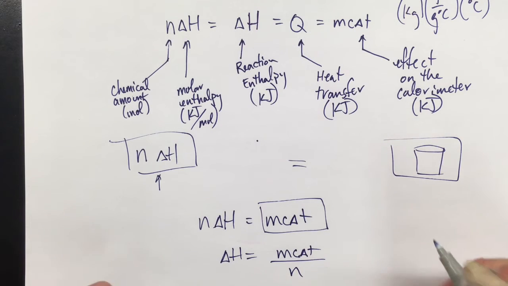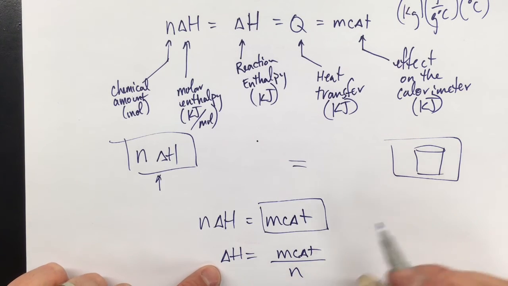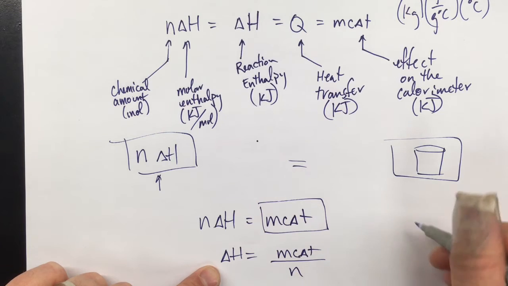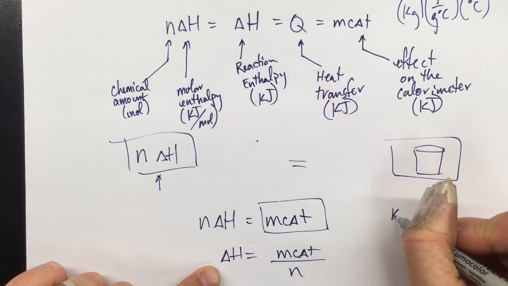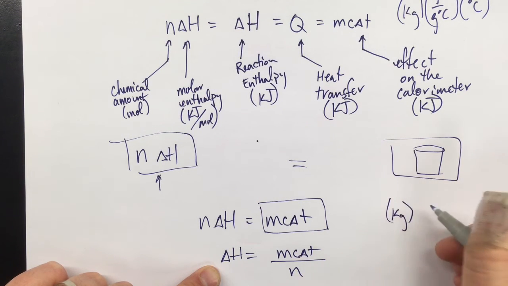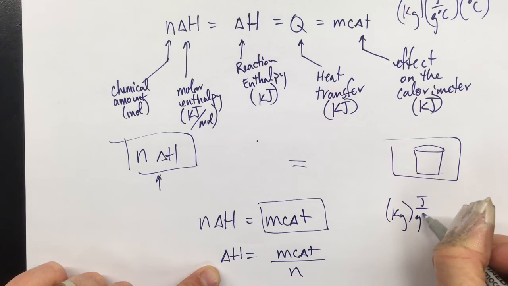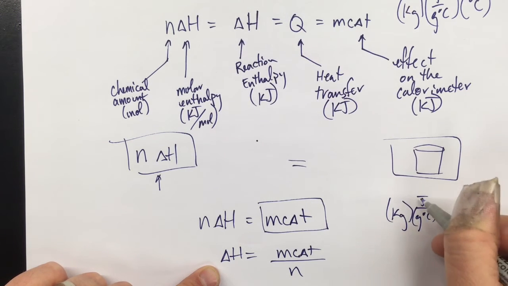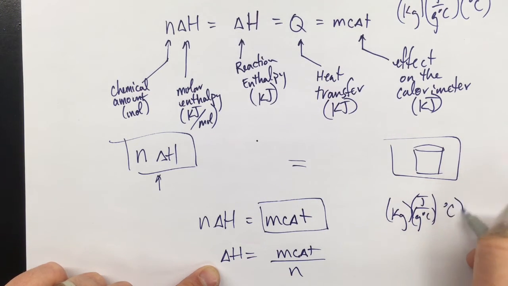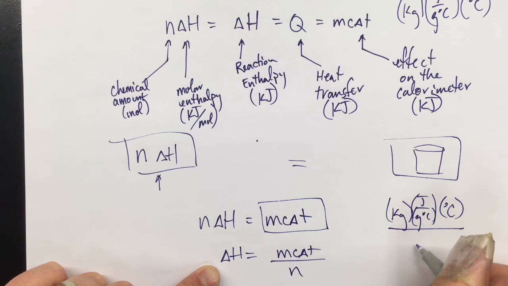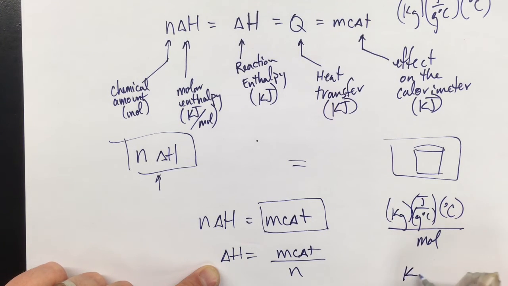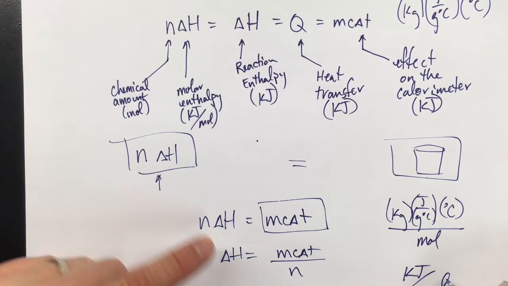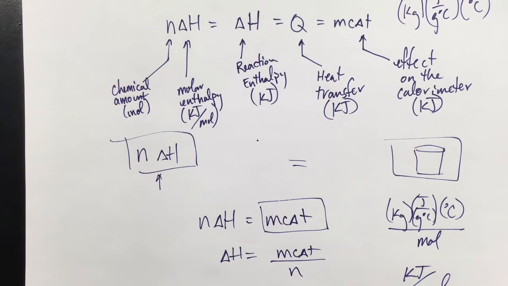It's not bad for math, but if you just understand the units, if we have kilograms times joules per gram degrees Celsius, times the degrees Celsius, that gives us our kilojoules, and divided by mole, that'll give us kilojoule per mole, which is the units of molar enthalpy. So while this seems quite confusing, once we get into questions, it's going to start to make sense.